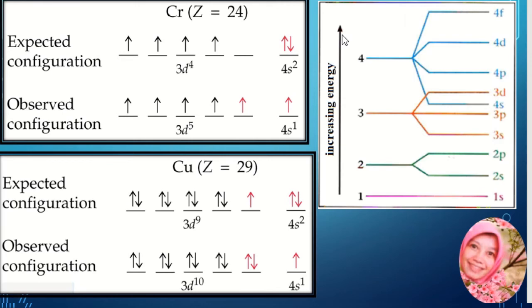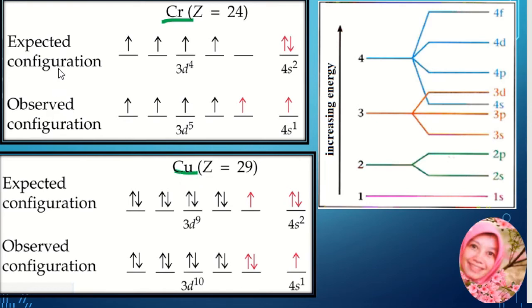Students, you would expect this filling of electron pattern to apply to all elements through vanadium with proton number 23. However, an unexpected deviation from the pattern occurs with chromium and copper. Why do chromium and copper have electronic configurations that are different from what you would predict? Look at this.